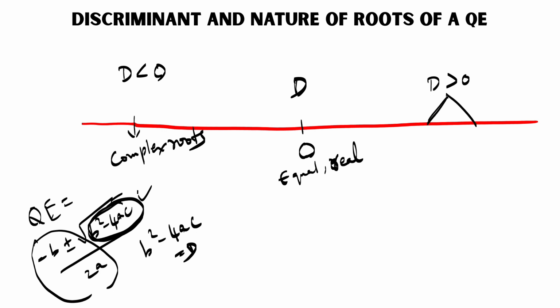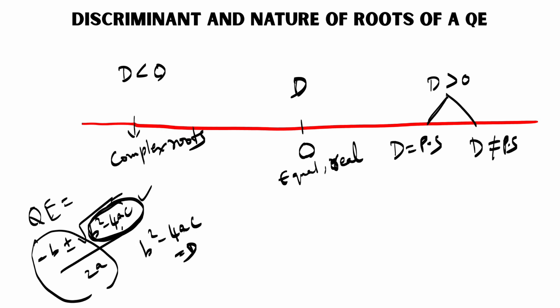When discriminant is greater than 0, the first case is when the discriminant is a perfect square, and the second case is when the discriminant is not a perfect square.